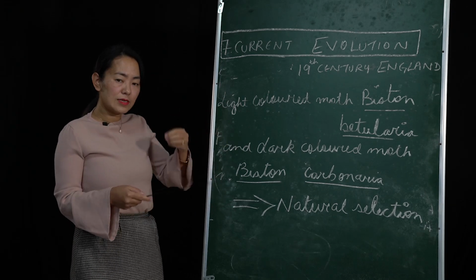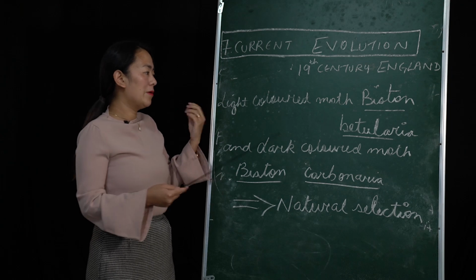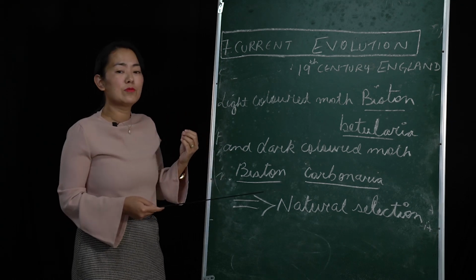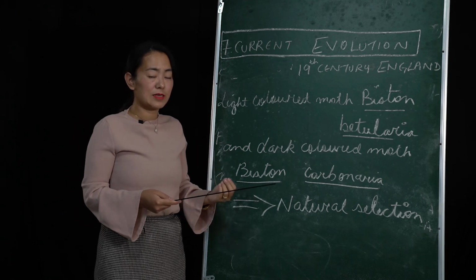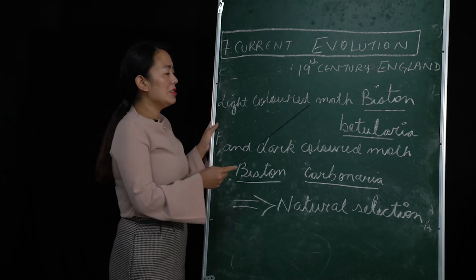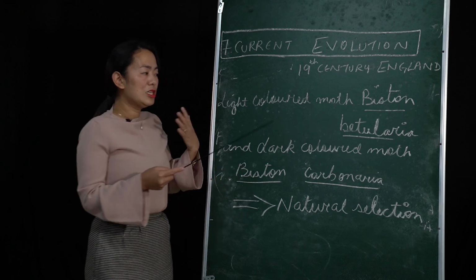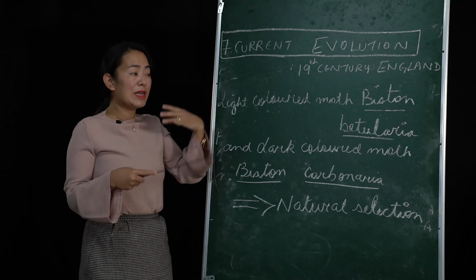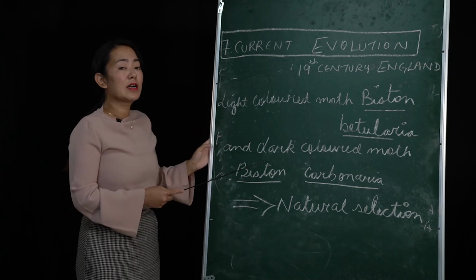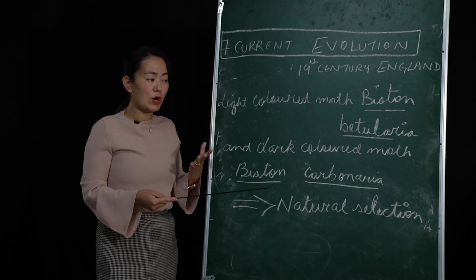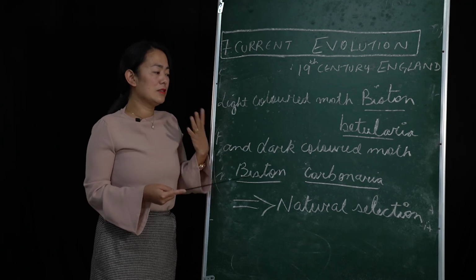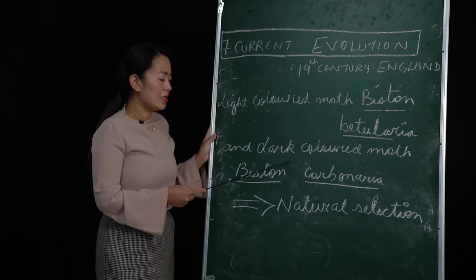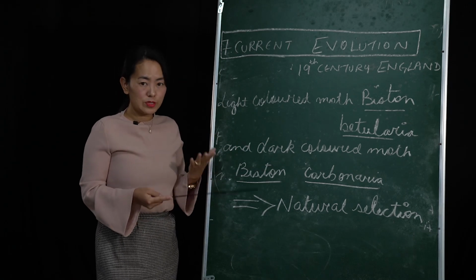So the birds started eating the light-colored moths. The population of these light-colored moths decreased, as a result of which, due to natural selection by nature, the dark-colored moths started thriving. Why? Because the tree barks and the tree branches were dark in color. So the dark-colored moths were not visible to the birds.